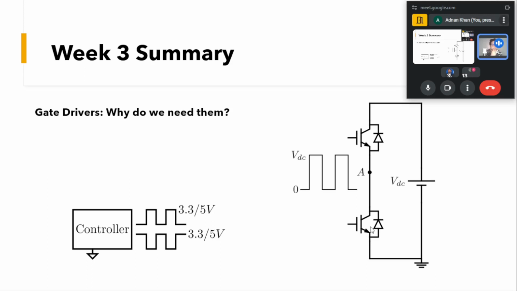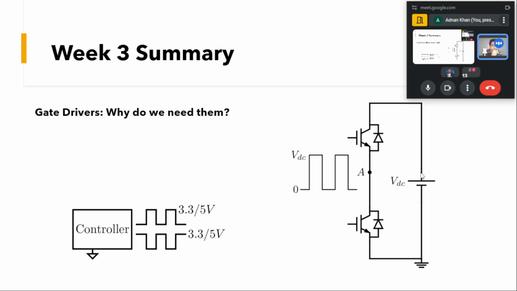One is the top device and one is the bottom device. We have a DC bus connected across these two devices, and we call this top device the high side switch, and this the low side switch.